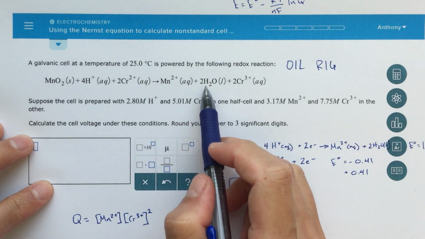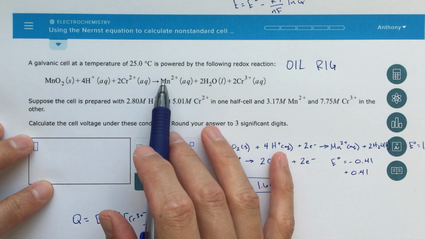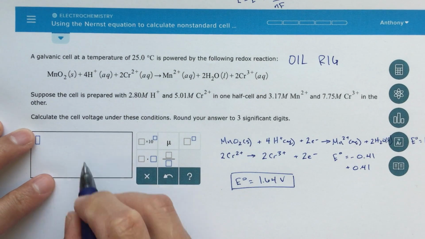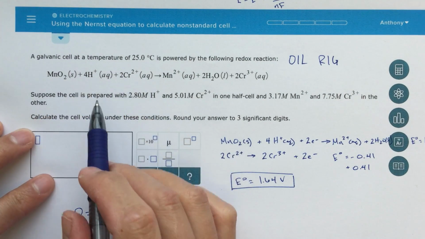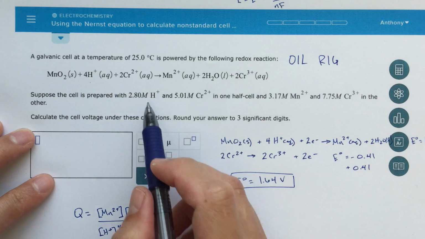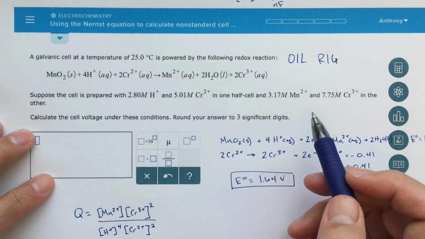I'm leaving out the water because it's a pure liquid and would not show up in our equilibrium constant. So Mn2+ concentration, Cr3+ squared, that's my products, over my reactants. MnO2 is a solid, so we leave that out. H+ would be to the 4th power, and then Cr2+ squared. This is how I'm going to calculate Q using the non-standard concentrations that are given to me.